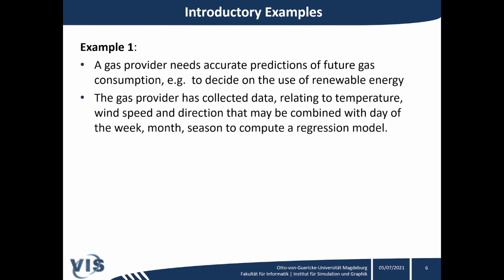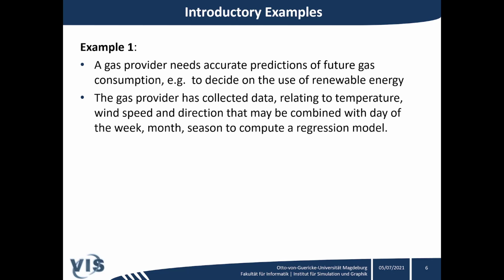Assume a gas provider needs accurate predictions of future gas consumption, for example, to decide on the use of renewable energy. The gas provider has collected data relating to the temperature, wind speed, and direction that may be combined with day of the week, month, or season to compute a regression model.